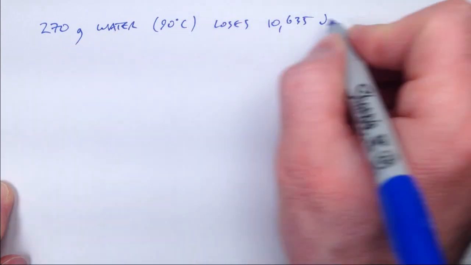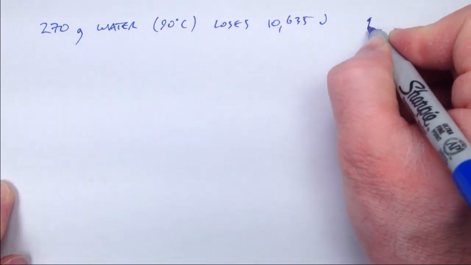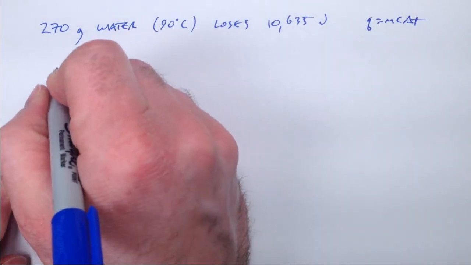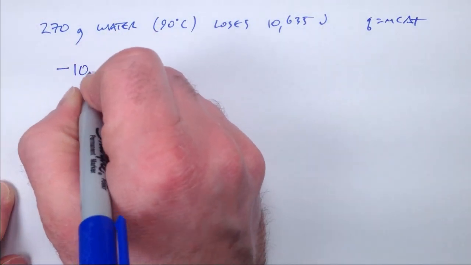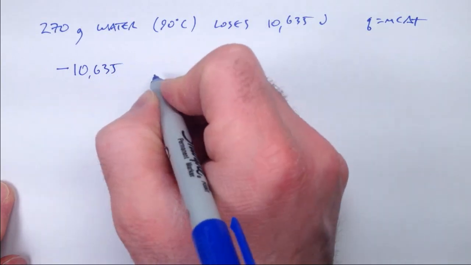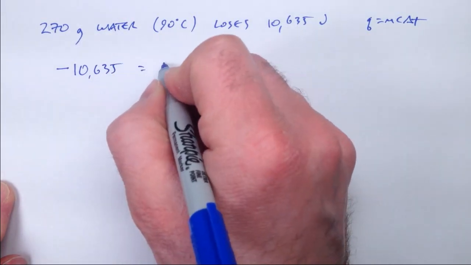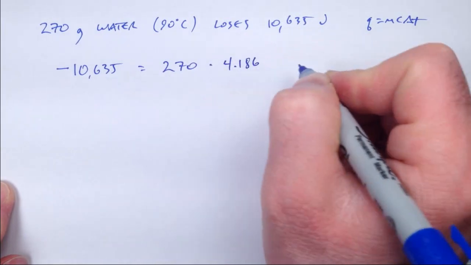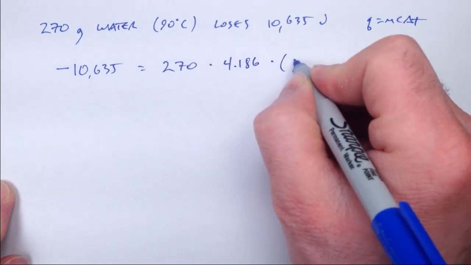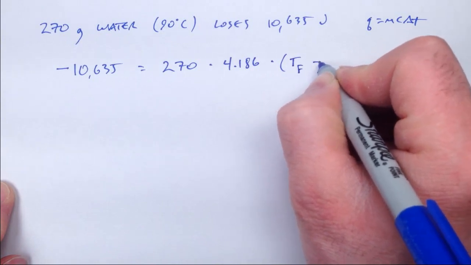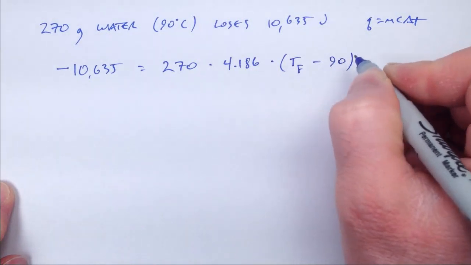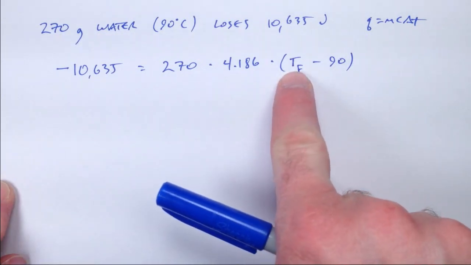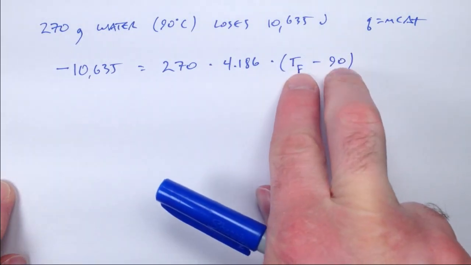Well, remember, we're doing Q equals mc delta T, which means I'm losing 10,635 joules. And that is equal to m c delta T. This is negative because the final temperature will be lower than 90, and this quantity will be negative.